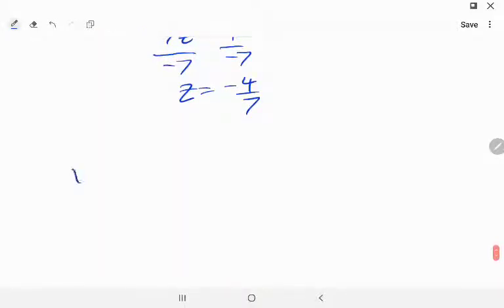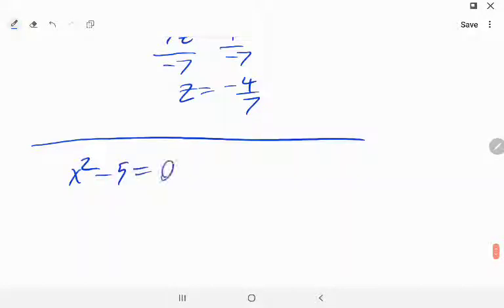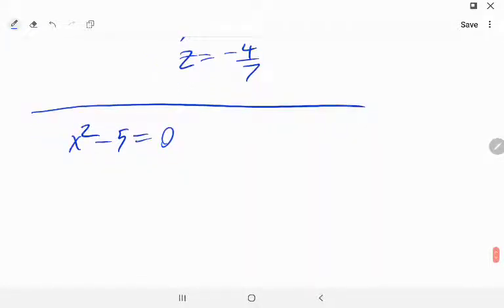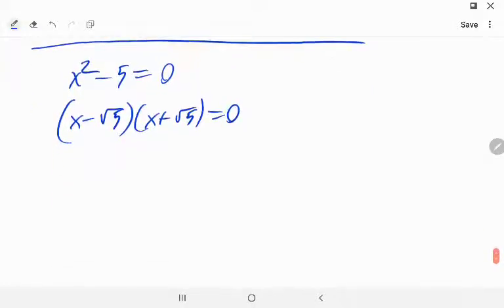If we had x squared minus 5 equals 0, we don't have a nice factorization, but it turns out we could say x minus square root of 5 times x plus square root of 5 equals 0, and so x equals square root of 5 or negative square root of 5.